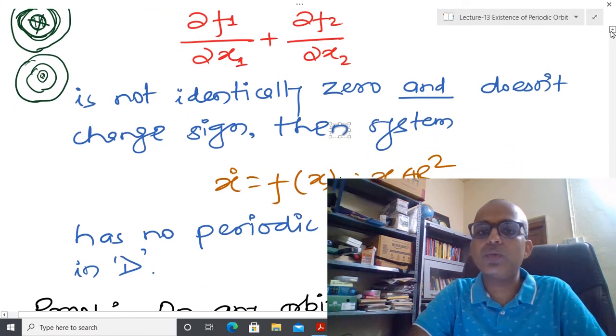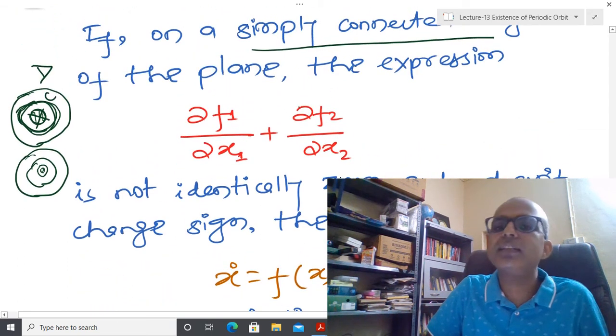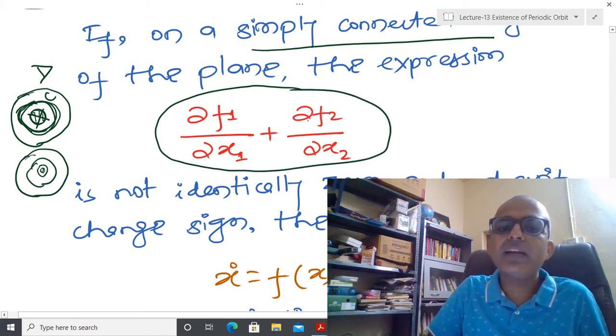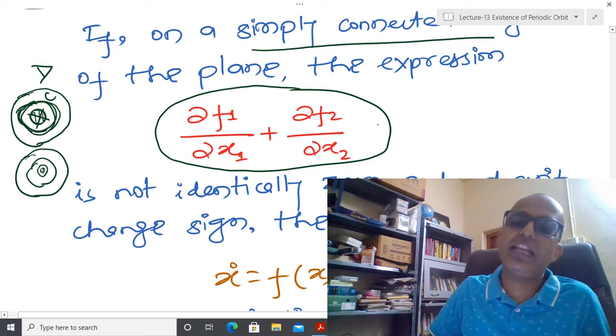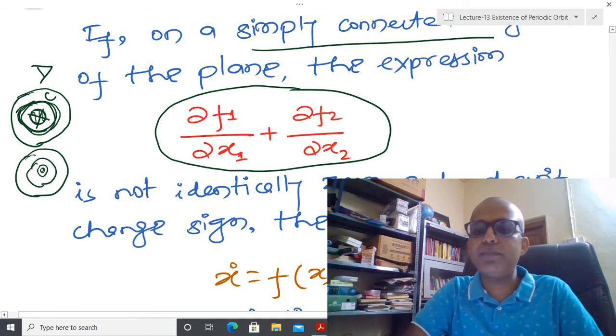There is no need to check the inner product of the function with the gradient. Here you just have to check this combination and make sure that it is not identically equal to 0. It might be greater than 0 or less than 0. If it is not identically 0, then I can guarantee that there does not exist a periodic orbit. And the proof is very simple.